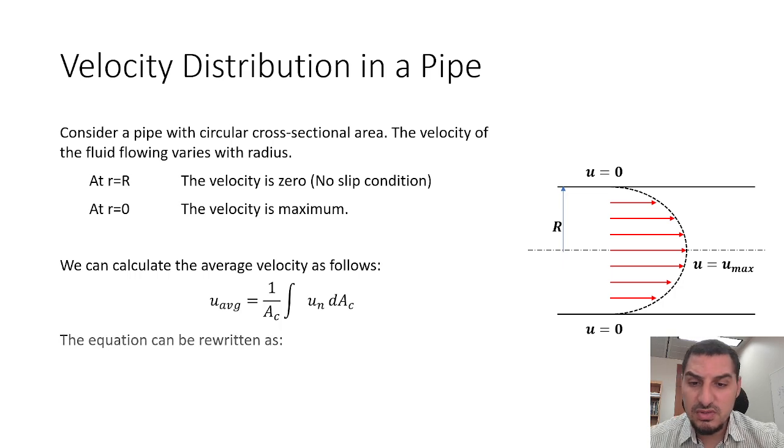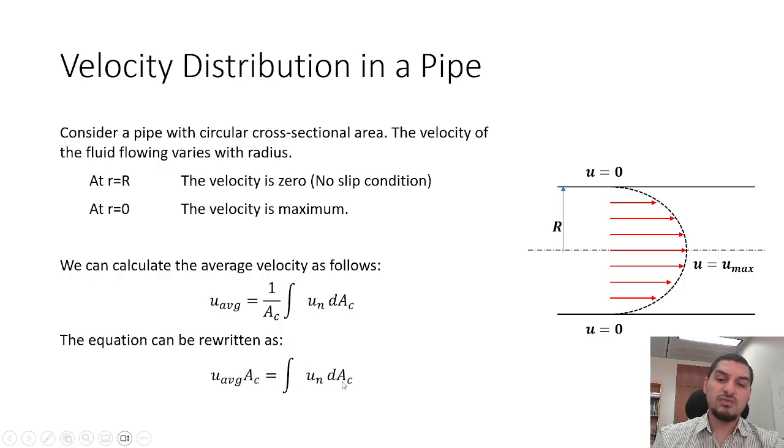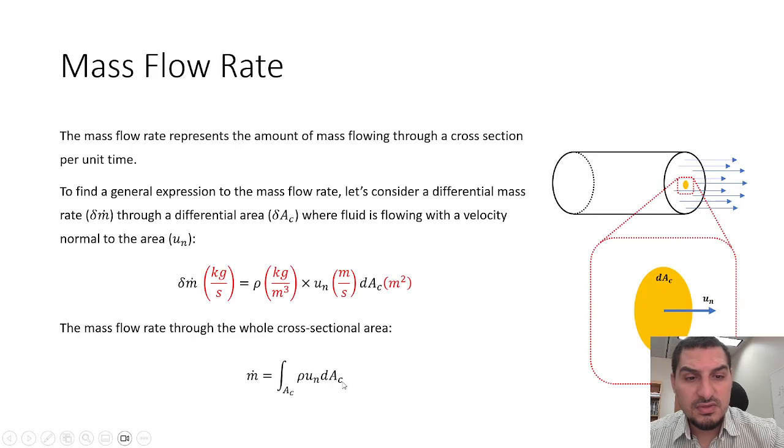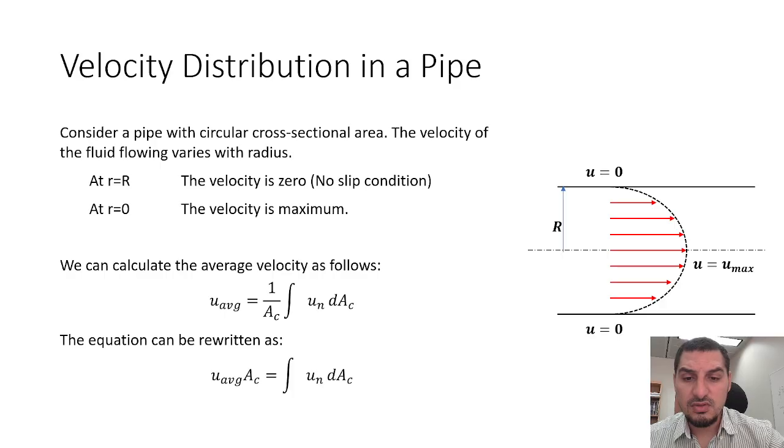So we can rearrange the equation to be in this form, that u average times A_c equals the integral of u_n dA_c. If we go back to the previous slide, you'll find that the integral of u_n dA_c is the same term.